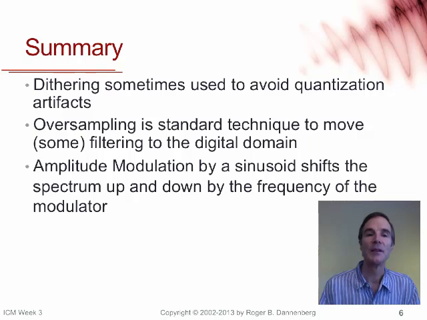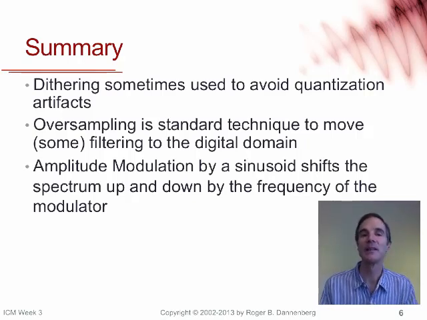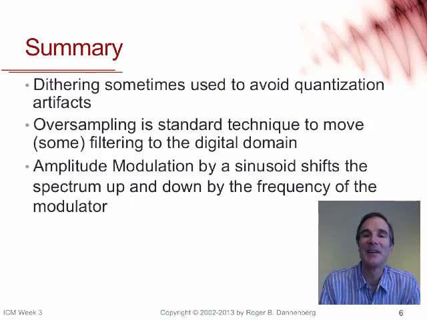So to sum up some of the things we've been talking about, going back a talk or two, dithering is used to avoid quantization artifacts. Remember that? Oversampling is a standard technique to move some filtering into the digital domain. I hope you remember that. And we've just been talking about amplitude modulation.